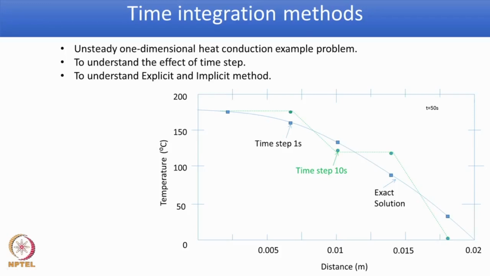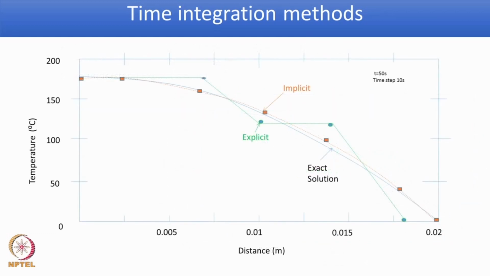So, in the next plot for the same problem, if you happen to incorporate an implicit scheme, you see the performance for the same final time of 50 seconds and delta t of 10 seconds.